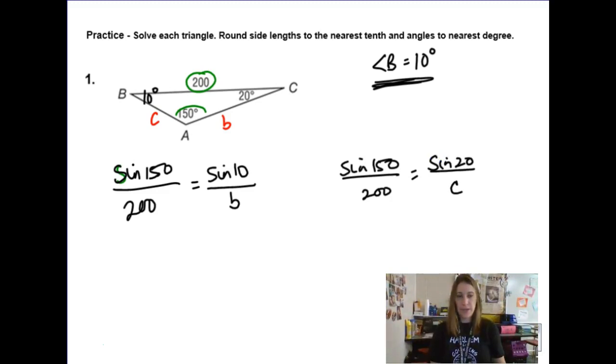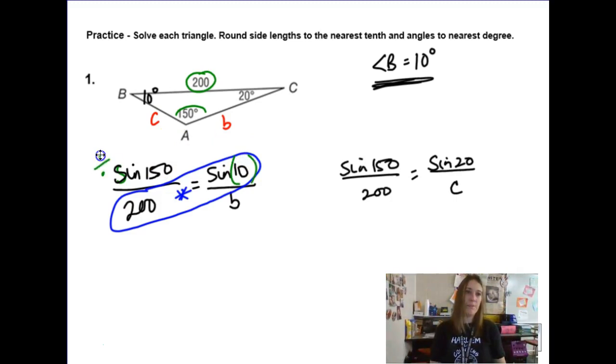Alrighty, so on my calculator now, we're going to type 200 times the sine of 10, but I write that on my paper. Make sure you close your parenthesis before you divide by the sine of 150. And you get, let's see, B is 69.5 units, whatever they are.